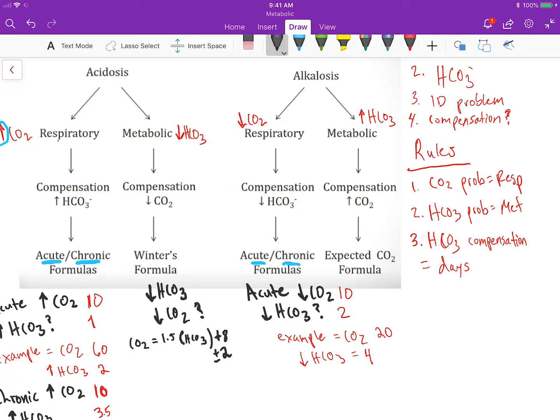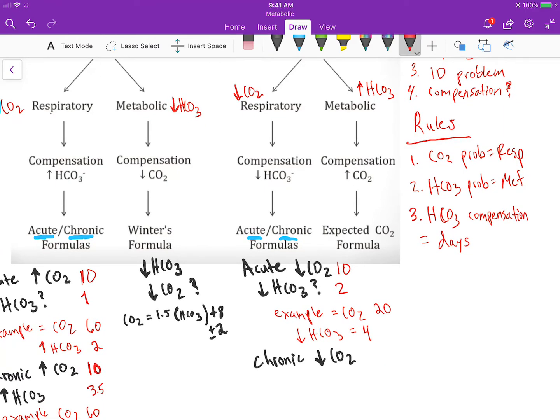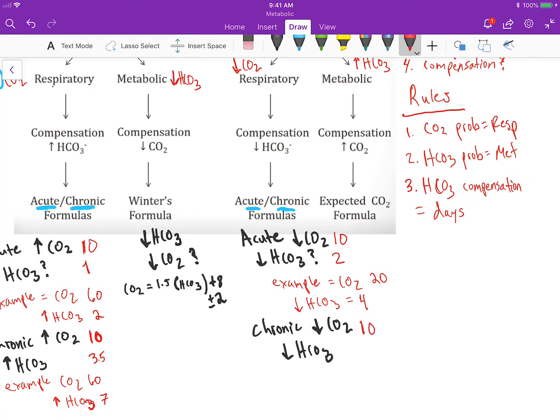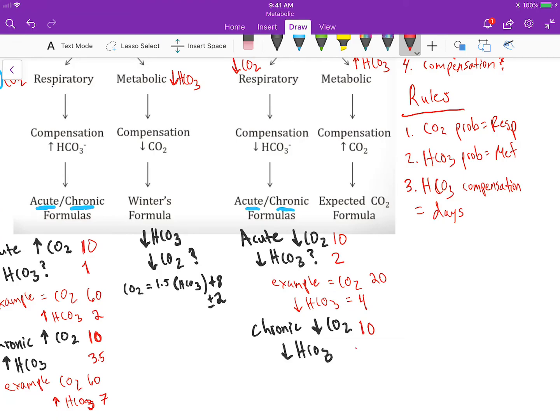Now chronically, again, because we have more time to correct, we're going to expect a greater drop in the bicarb, right? So let's calculate how much decrease in bicarb, using the same example. Chronically, for every 10, the drop in bicarb can be 4.